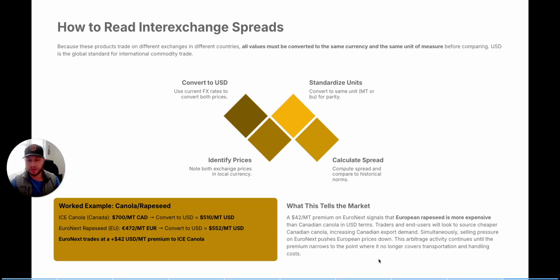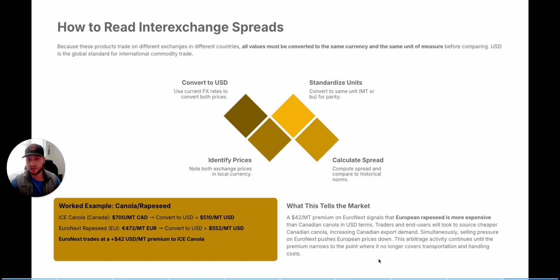And what would happen is that would get pushed all the way to the point where that spread narrows, that arbitrage opportunity disappears, right? And so that is, again, why we need to look at these, because it is going to be a signal for potentially higher or lower prices and higher or lower demand.